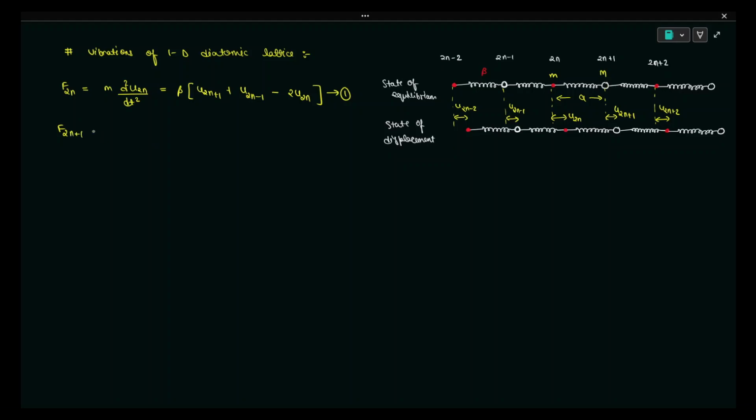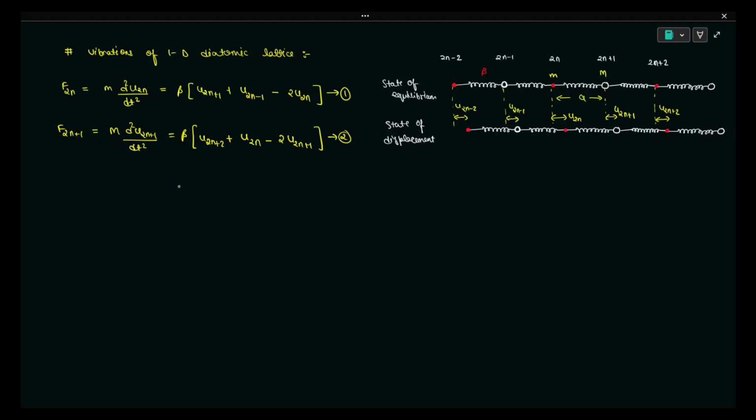So for that also we can write the equation of motion as capital M d squared u2n plus 1 by dt squared equal to beta times (u2n plus 2 plus u2n minus 2 times u2n plus 1). You can obtain equation 2 from equation 1 by just substituting 2n plus 1 in place of 2n.